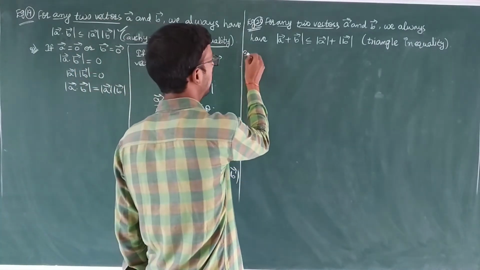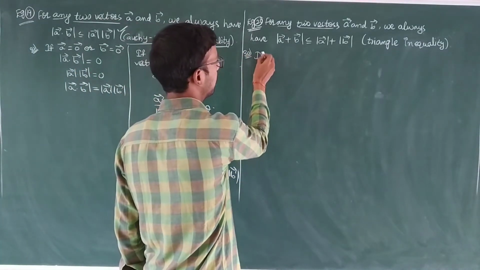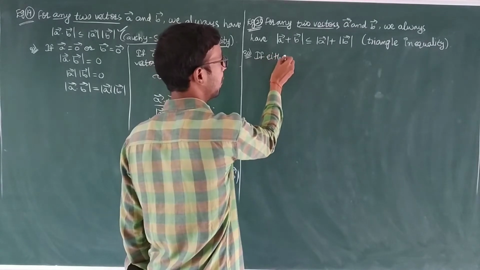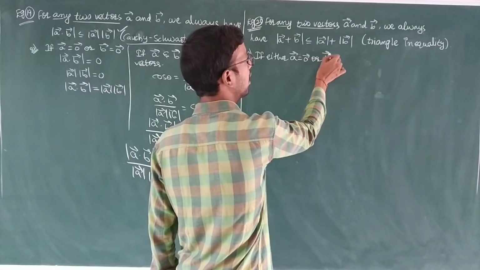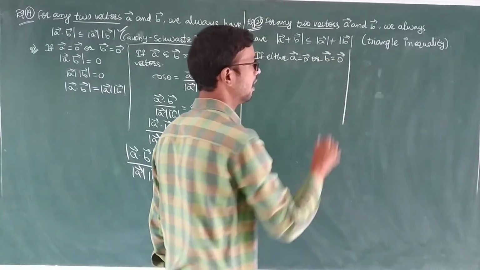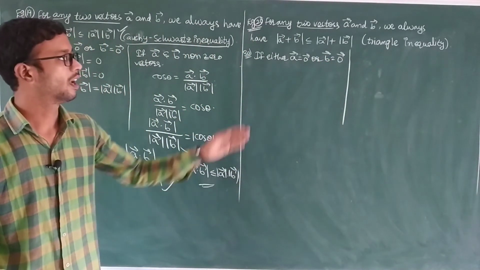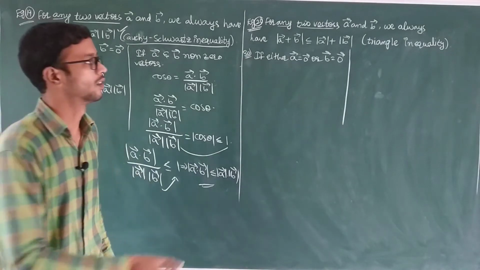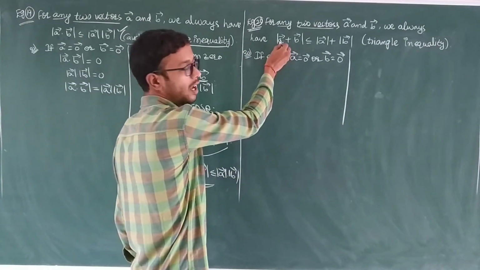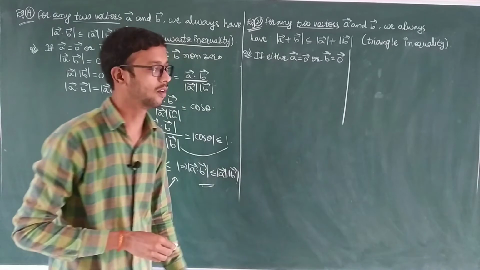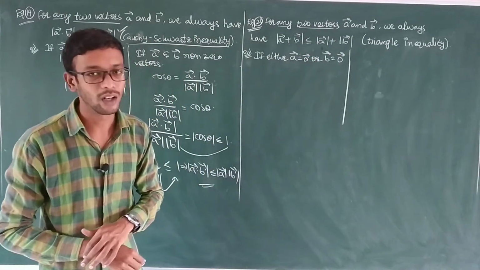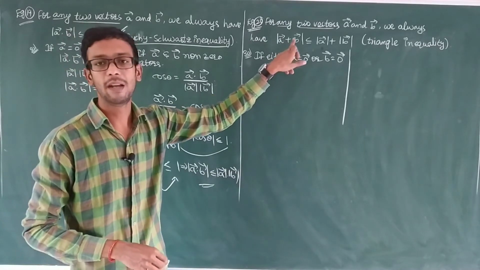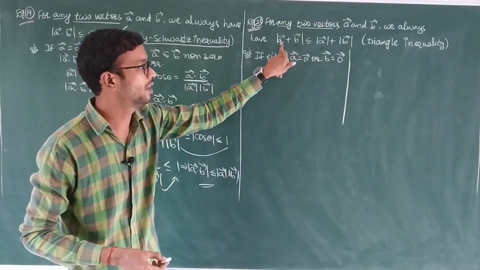For that purpose, first of all, if either A bar is a zero vector or B bar is a zero vector, in this case what will we get? It compulsorily holds. Why? Because if A bar is 0, magnitude of B bar is what we get on both sides. Next, if B bar is 0, what do you get?